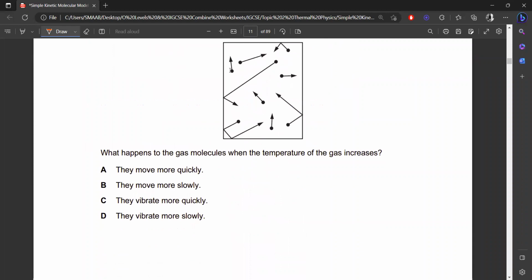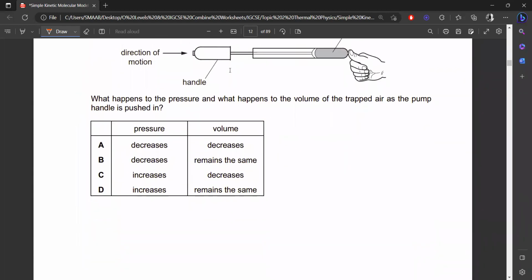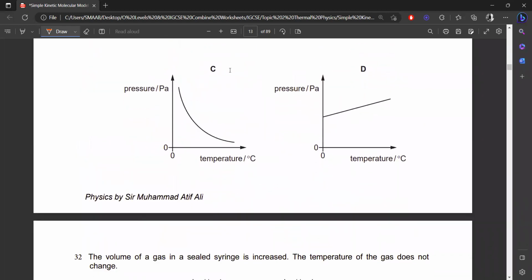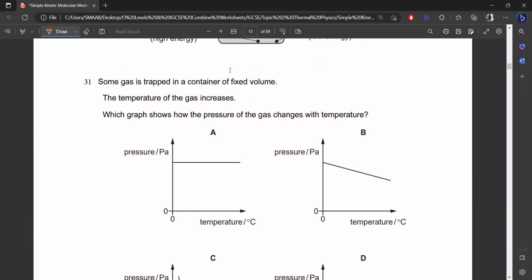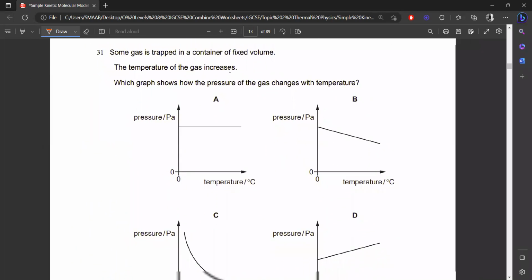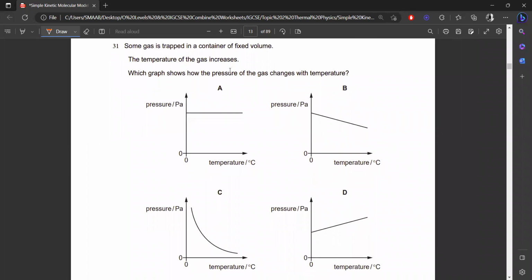Okay, I think now you may solve the remaining questions. Let's try to solve 31 because in this we have a graph. Which graph shows how the pressure of the gas changes with temperature?